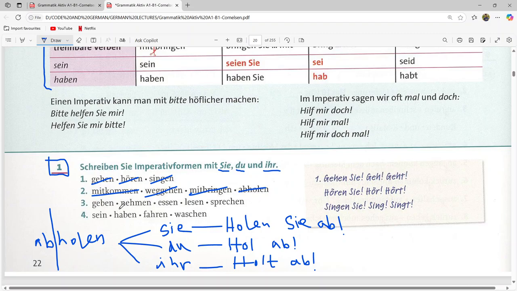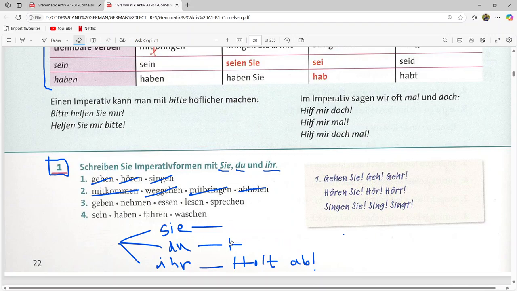Next verb is geben. Okay, so let's do it. So geben, the verb is geben. In the formal Sie form it will be geben Sie, right? No problem.